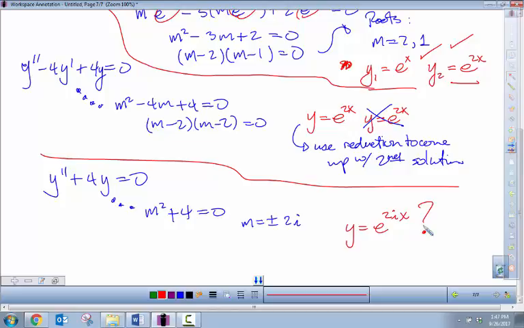Those complex roots happen to be complex conjugates. They have the same imaginary value except plus and minus. So those are the three things that we have to cover for these second order linear homogeneous differential equations with constant coefficients.